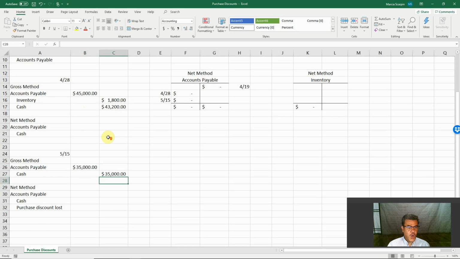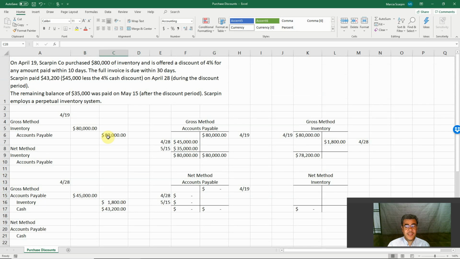Okay, so let's work now with the net method. With the net method, we record the net value. So we record the 80,000 less 80,000 times 4%, so we record 76.8.